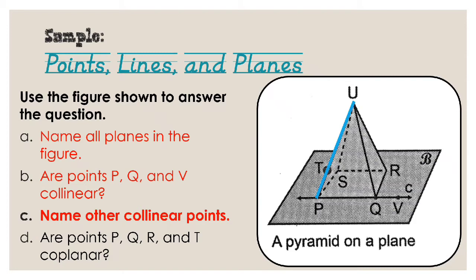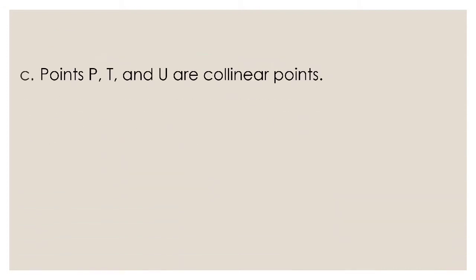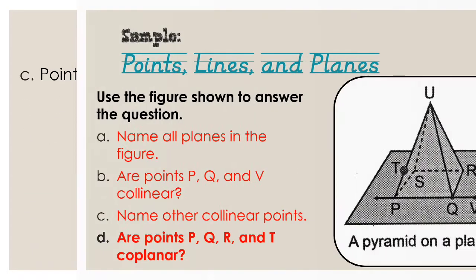Okay, so we have there the points P, T, and U. So points P, T, and U are collinear points.